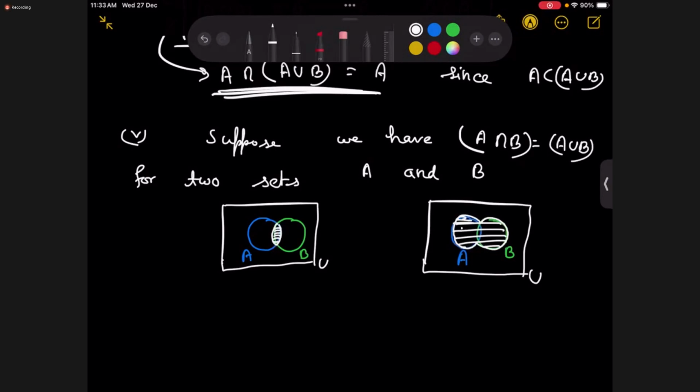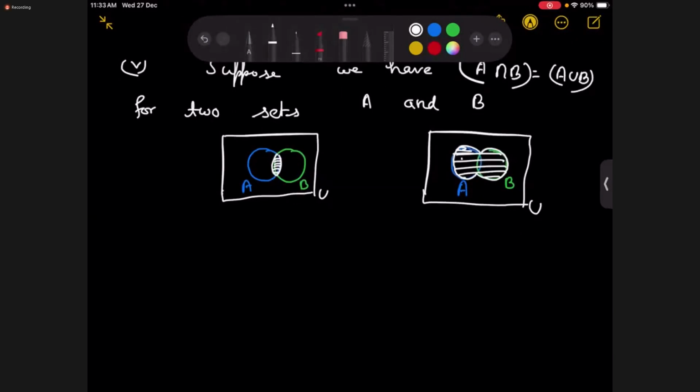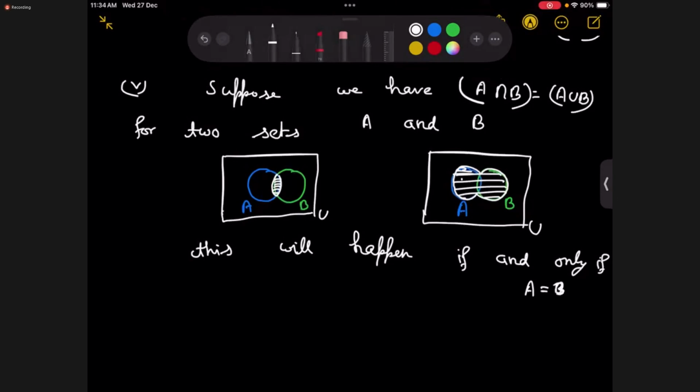So when can it happen? This will happen if and only if A equals B. So if A equals B, then what about A intersection B?